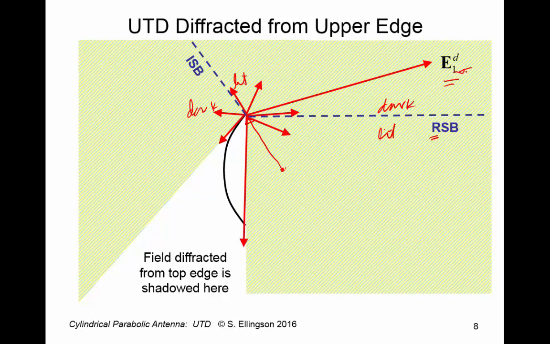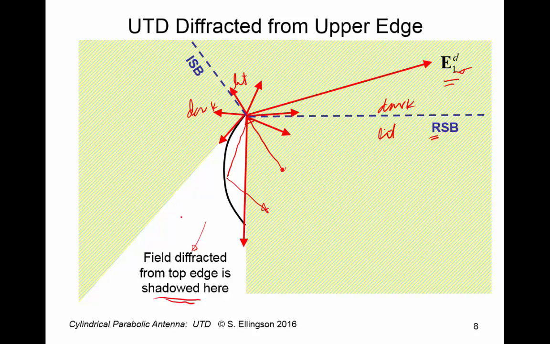Now, something to consider here is that there is this region down here where diffraction, in the sense that we're considering here, is shadowed by the reflector. In other words, a diffracted ray which comes off this way does not make it into the far field in this direction. Rather, it would be reflected by the reflector.